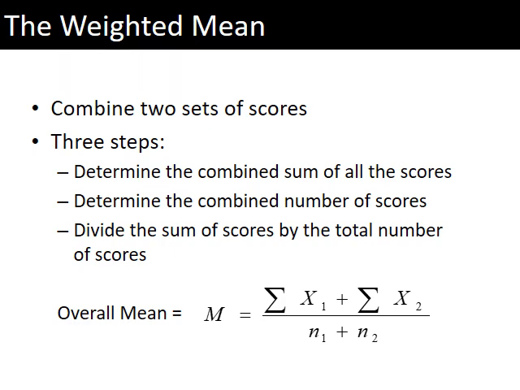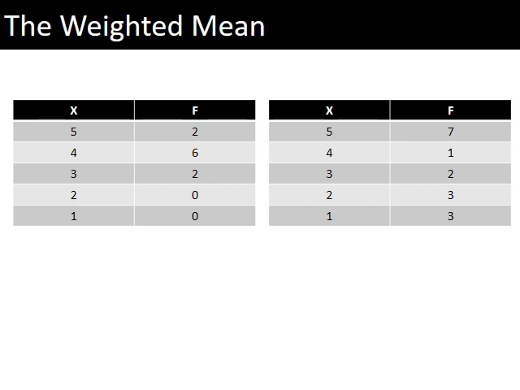That will give us the overall mean, the weighted mean. So just talking through this, 5 times 2 plus 4 times 6 plus 3 times 2. Right? So 10 plus 24 plus 6. That would be the sum of all x's for this first distribution.